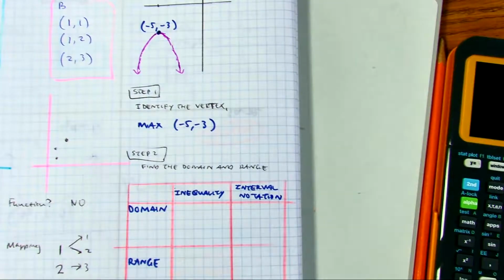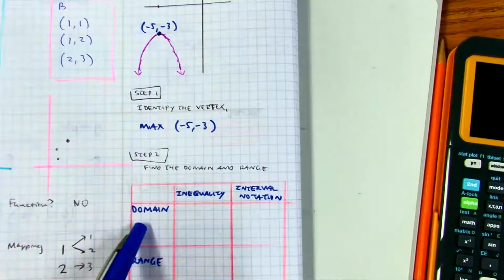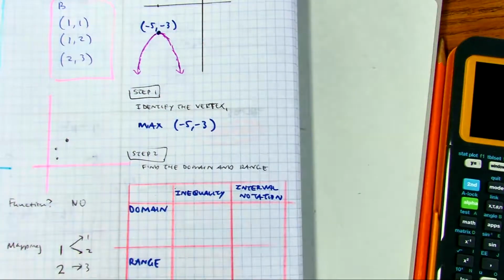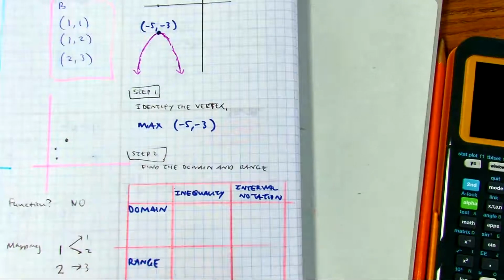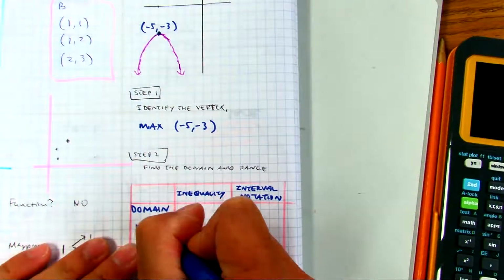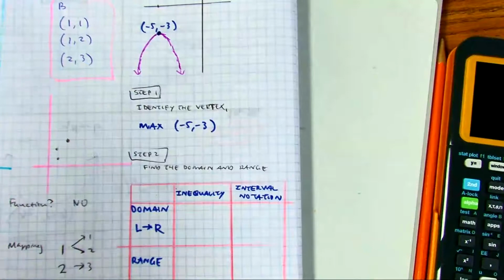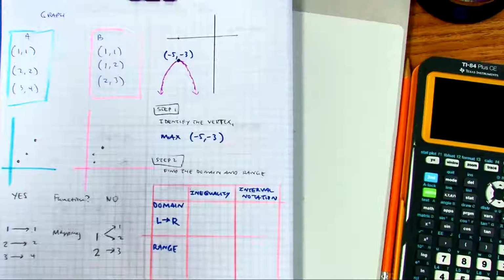You guys just took some notes down. The domain goes in which direction? It's the x-axis. The direction is left to right. Let's write that. Left to right. So if I think about this, I'm going to put my pen on the left side.